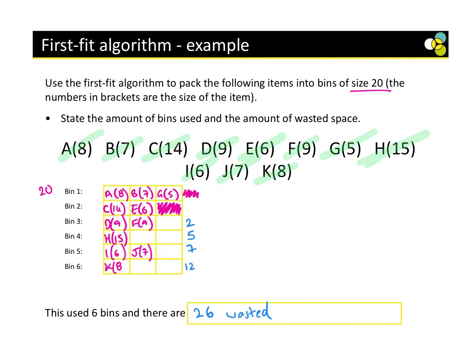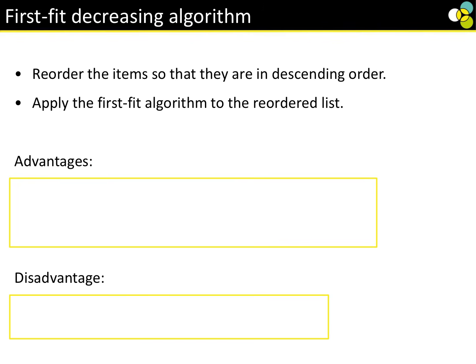That's a lot of waste, really. It's probably not the best method. But nobody panic. I'm going to introduce you to another algorithm: the first fit decreasing algorithm. This time we're going to reorder the sizes in descending order and apply the first fit algorithm to the reordered list.